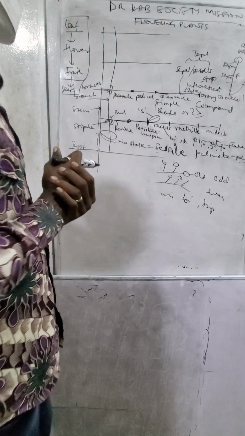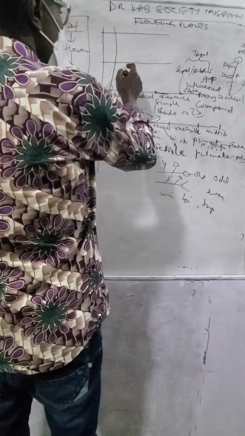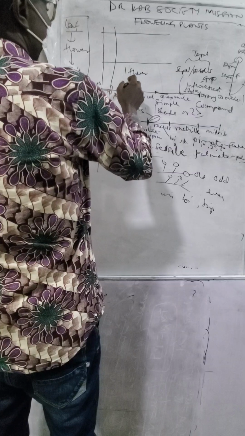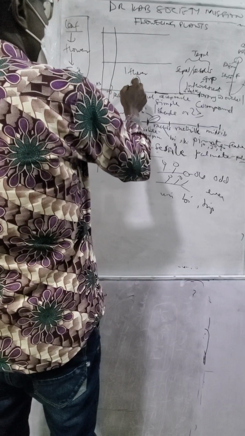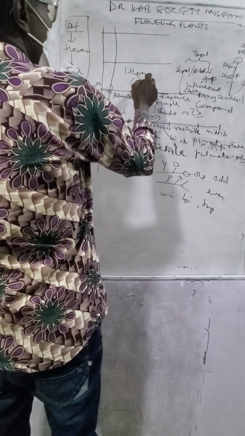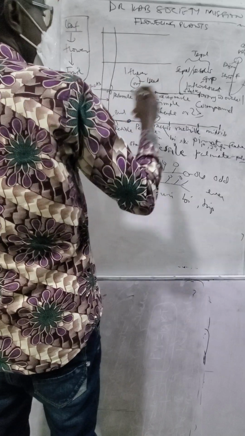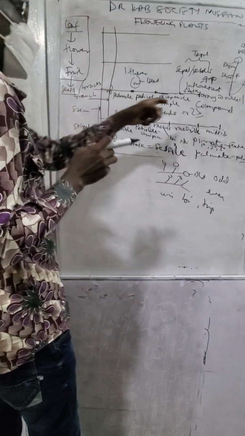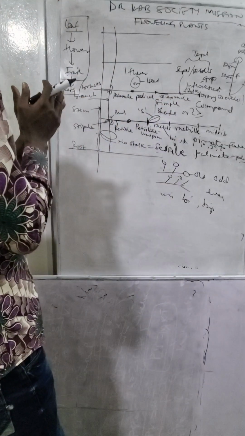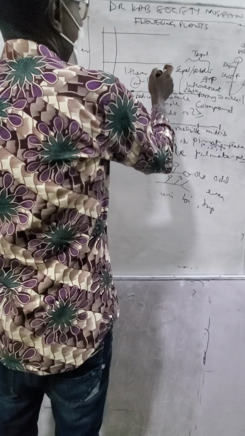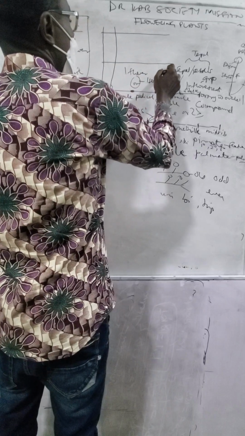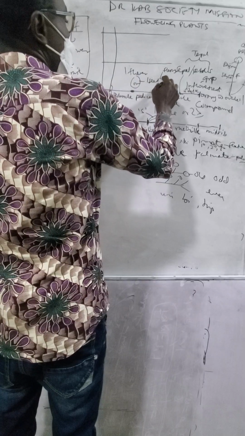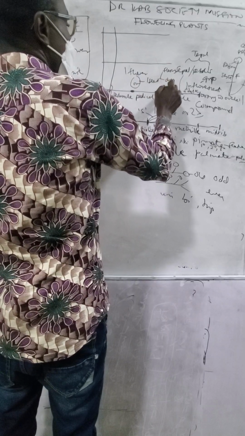So sometimes, if we have only one flower and one ovule fertilized, then you're going to have what? One seed. You're going to have one seed, because that seed is the fertilized ovule. That one seed can be a fleshy fruit, or it may be a dry fruit.